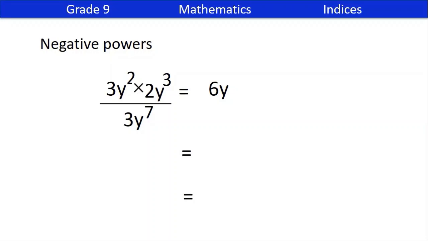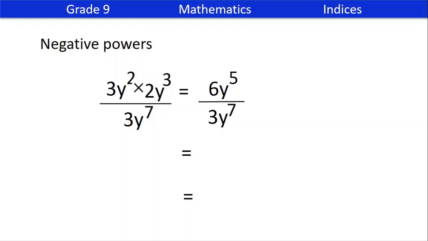So first of all, we need to multiply 3 by 2, and that is equals to 6. And next, there are two powers, and the bases are y, and the indices are 2 and 3. So we need to add 2 and 3 in order to have the index of the answer, and that becomes 5. So the numerator becomes 6y to the power 5, and the denominator is the same denominator, that is 3y to the power 7.